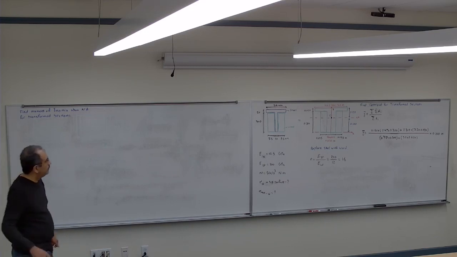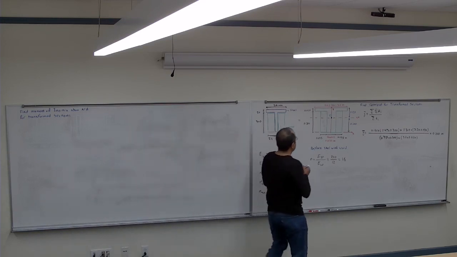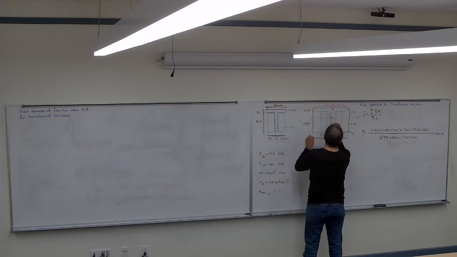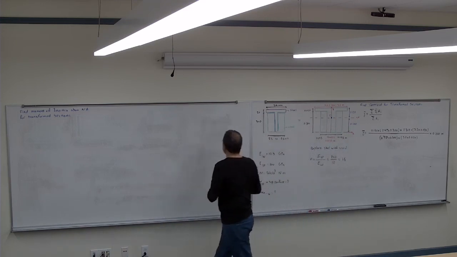I know the centroid for the bottom one is sitting at 150, correct? This rectangle. Let me redraw it very quickly.